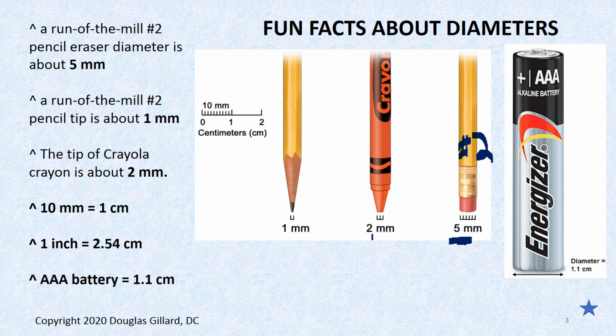The tip of an acrylic crayon is 2 millimeters. The tip of a number 2 pencil is 1 millimeter. And 1.1 centimeters is 11 millimeters. That is the diameter of a AAA battery. You'll see why we need that in a minute.